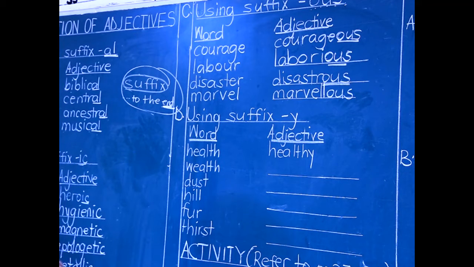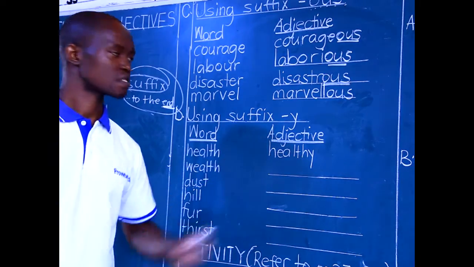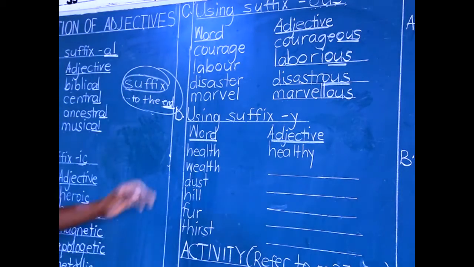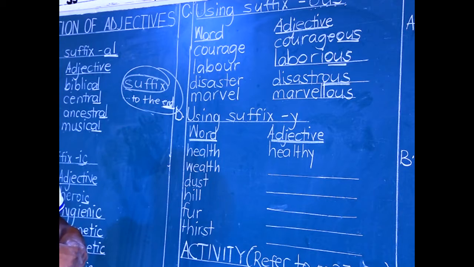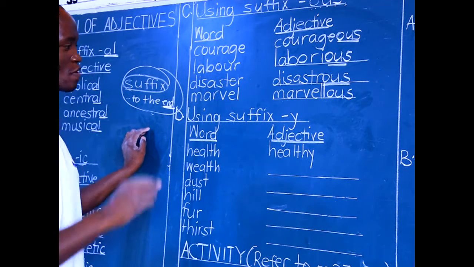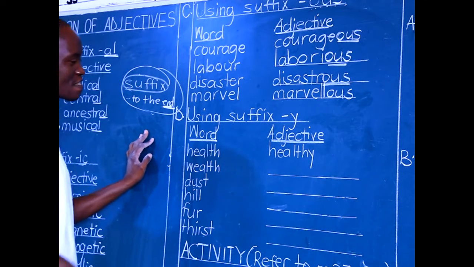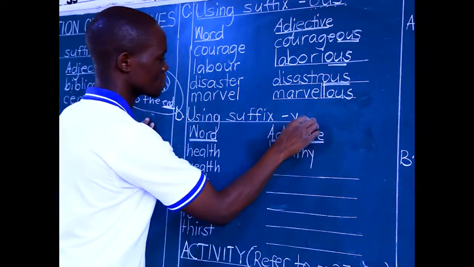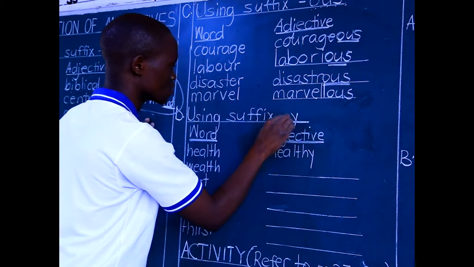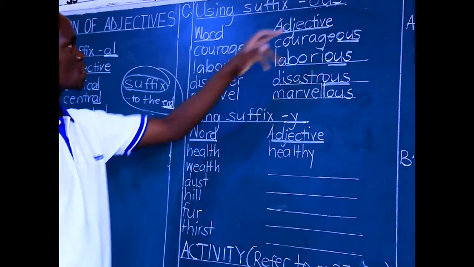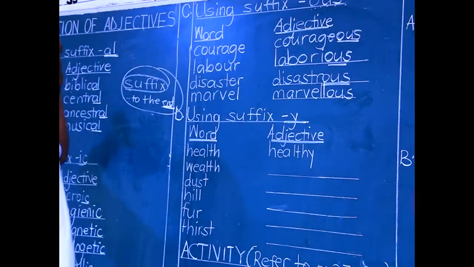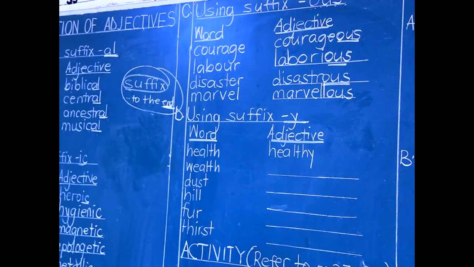So let's look at other examples, and these are for adjectives that are formed using suffix Y. Because we say the letter or group of letters added to the end of a word to change its meaning. Added to the end of a word. Here we have a group of letters. The other side we had a pair, which is also a group.